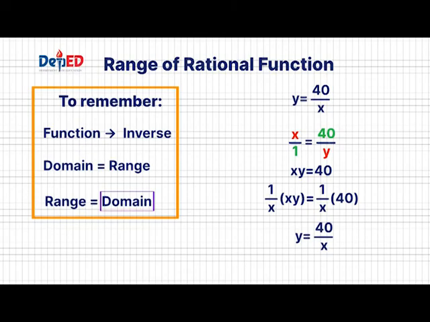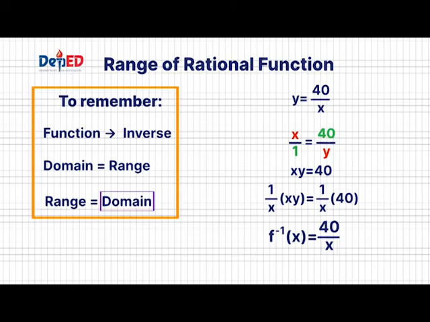This can also be written as the inverse of f(x) is equal to 40 over x. Again, the domain of the inverse of the function is the range of the original function. Thus, the domain of the inverse is the range of the function f(x) = 40/x.